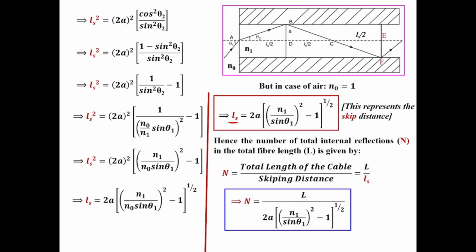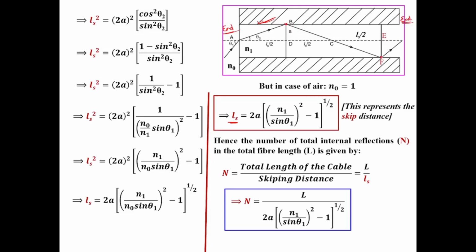Now we are going to go for total internal reflection. How many total internal reflections does the light undergo inside the core to propagate from one end to another end? Here, for each reflection, see this is the reflection, the first reflection.